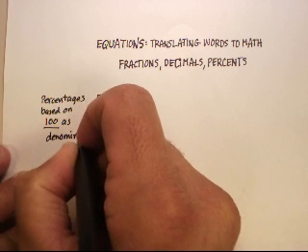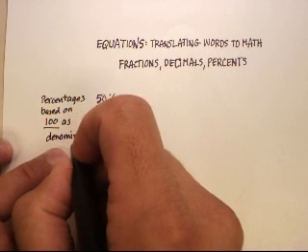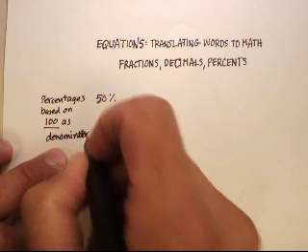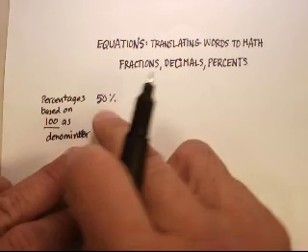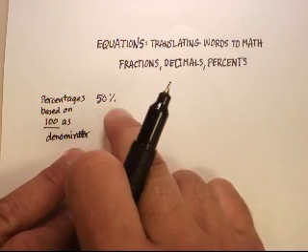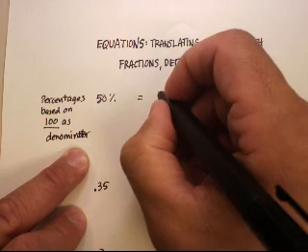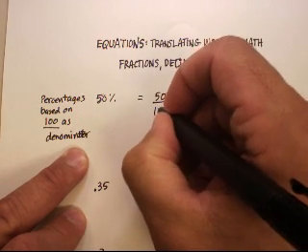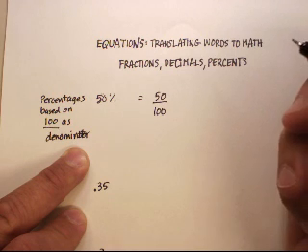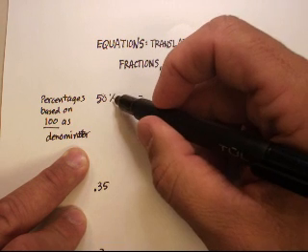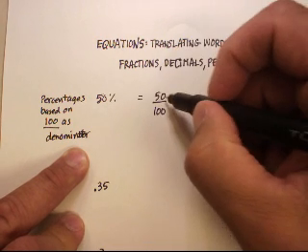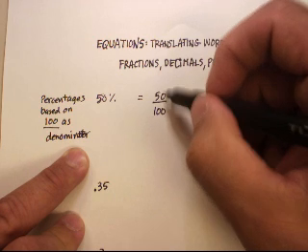Let me just write that off to the side. Denominator. There we go. Sorry about the spelling there. So if you were to see 50%, that's the same thing as saying 50 over 100. You just drop the percentage sign and then you put the number over 100. And now you have your fraction.